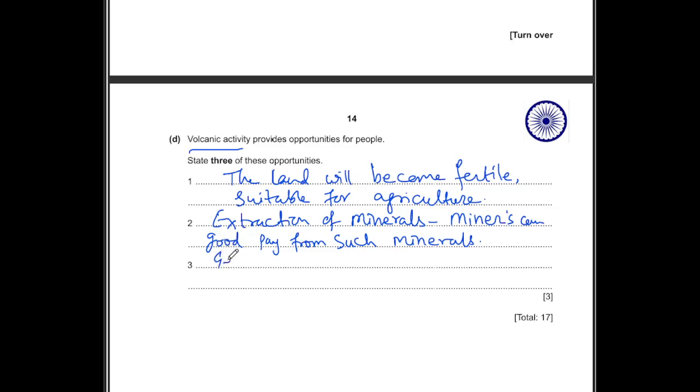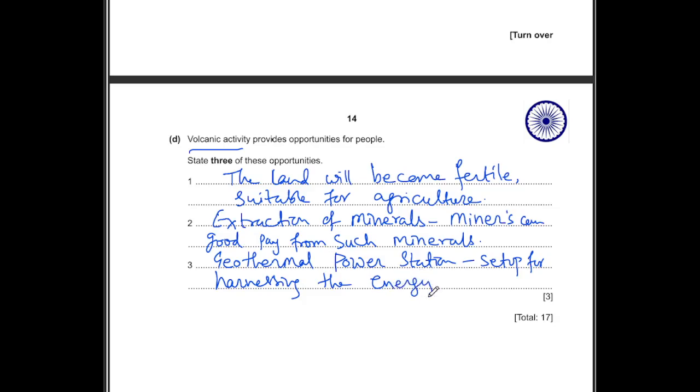So a geothermal power station is set up for harnessing the energy. Okay, these are the three basic opportunities that people can have near volcanic areas. Even tourism is one of the factors there. You can explain that also.